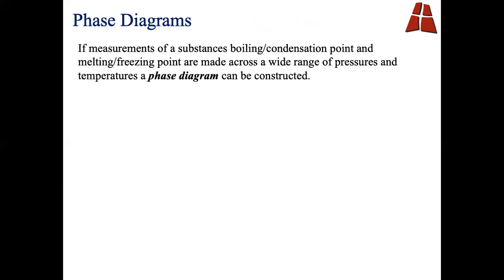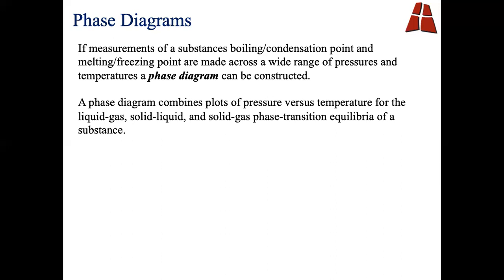Okay. In addition to heating curves, we also have phase diagrams. And so this is a succinct way to display information about different temperatures and pressures that substances will freeze, will boil, will do all of their phase transitions, as well as inhabit the different states of matter.